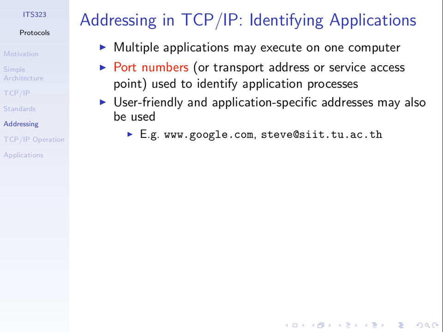My web browser may have some port number associated with it. And I just chose a random value. And if I'm talking to a web server on this computer here, I haven't drawn the stack. There's a transport layer and an application layer.